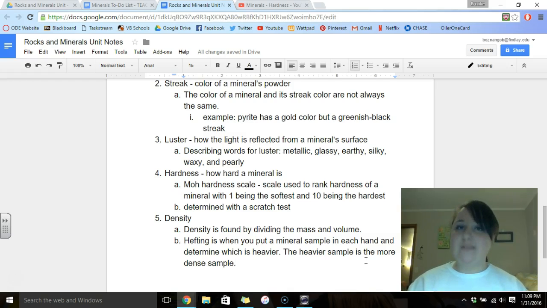Out in the field, geologists don't always have a balance beam with them to find the mass and a graduated cylinder with water in it to find the volume. Instead, they need to determine right on the spot which one has a higher density. They use this method of hefting to do that.